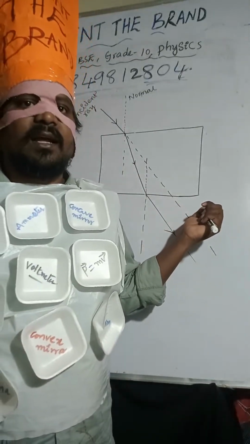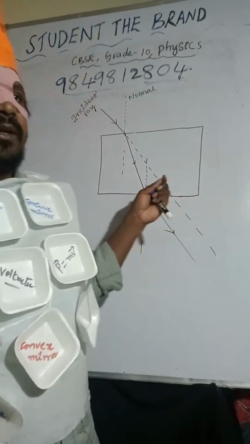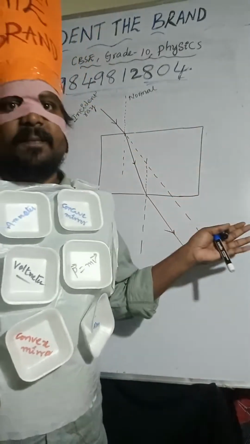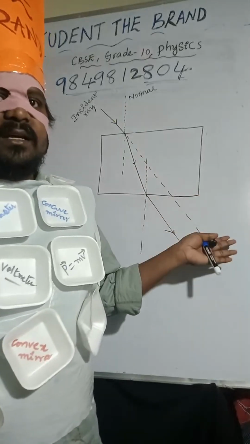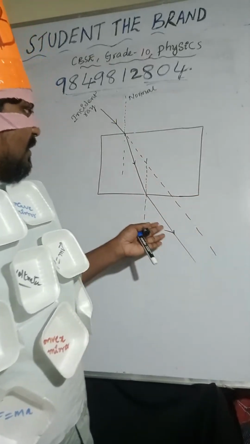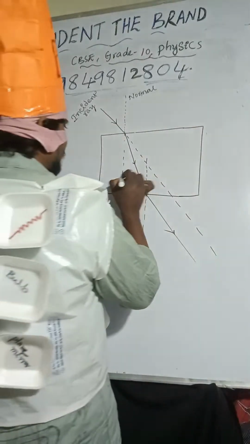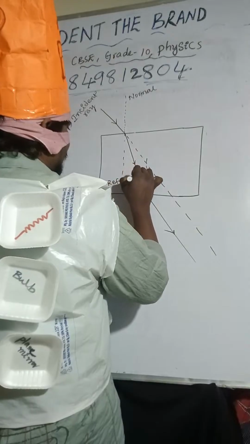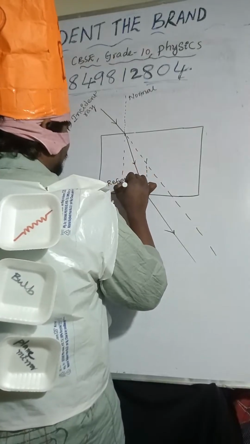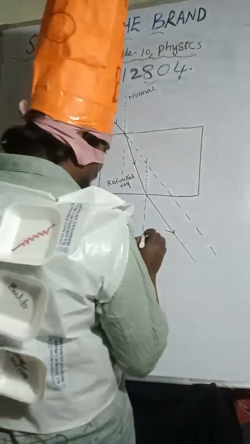This dotted line represents the initial direction of the incident ray, then the refracted ray, and this one is the emergent ray.